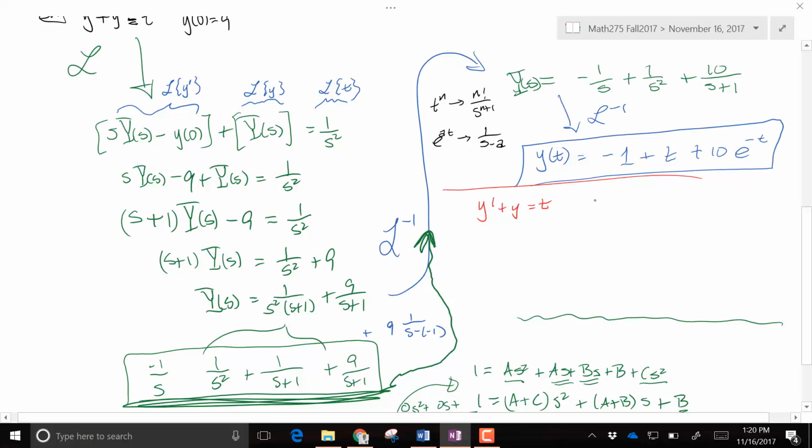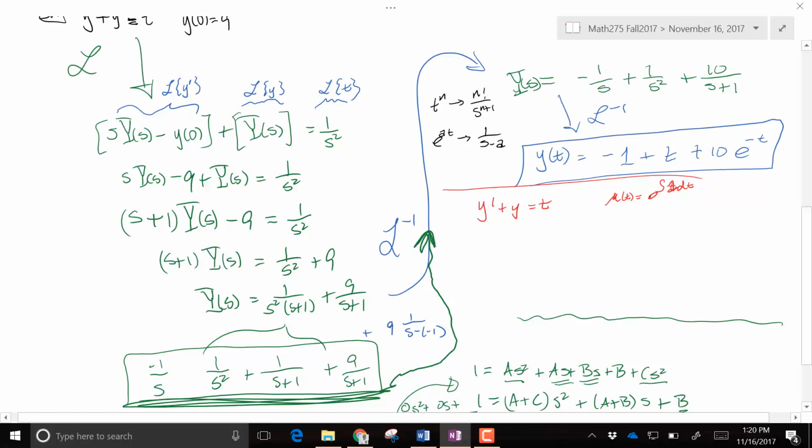Let's find the solution for this using integrating factors. You remember how that goes? So our integrating factor is going to be e to some integral of the term here, just 1 dt.